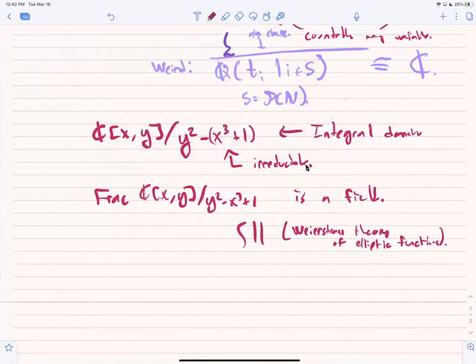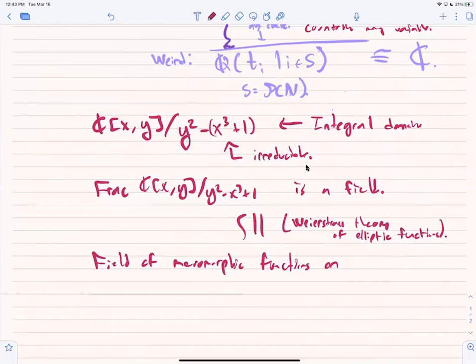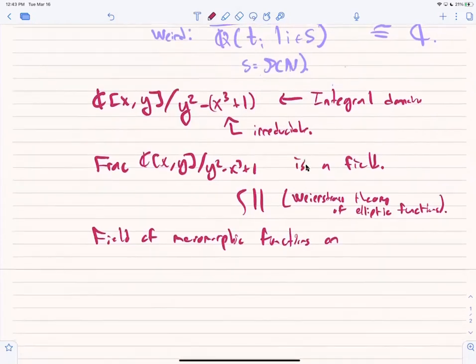So this is isomorphic to the field of meromorphic functions on the complex numbers modded out by the lattice generated by 1 and a primitive third root of unity.